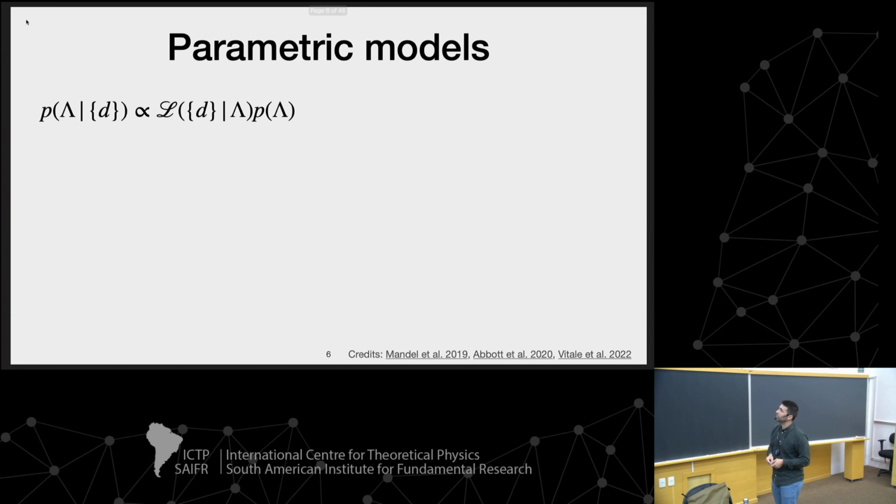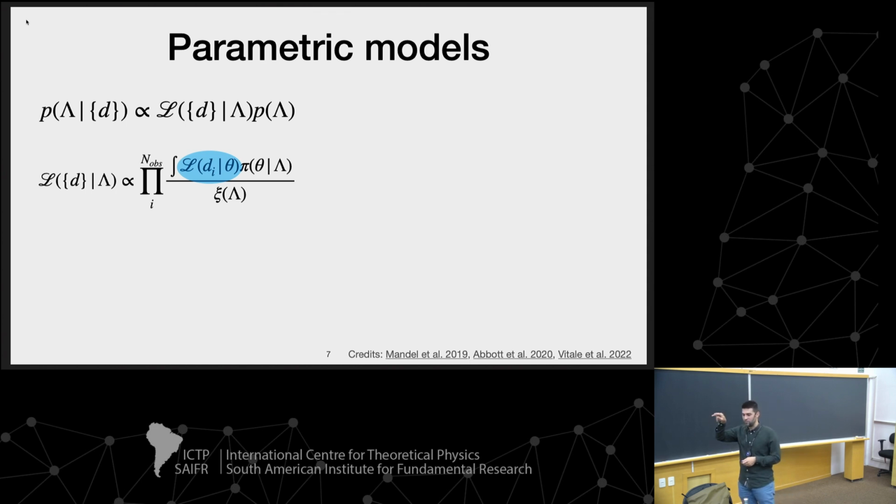Okay, so what we need is to define the likelihood, as we did yesterday, but here we need to define the likelihood that takes into account all the data and provides you constraints on the parameters. And what you do is this. You have a product over all observations. You can do that because each gravitational wave observation is independent of the others. So the probability of having the entire set of observations is just the product of each single probability.